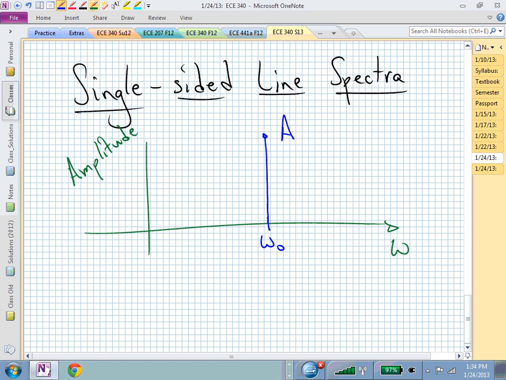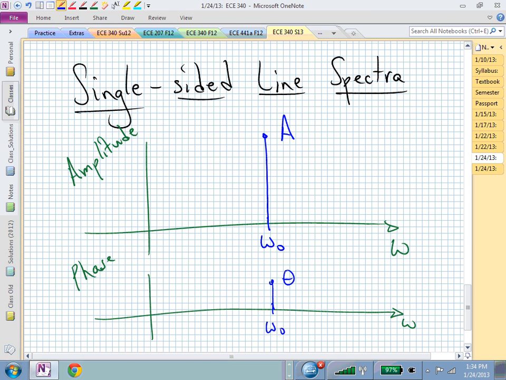We can also, right underneath that, if we're consistent and sketching this properly, look at the phase content. The frequency is already captured at omega naught, but the angle now is this angle, let's call it theta.